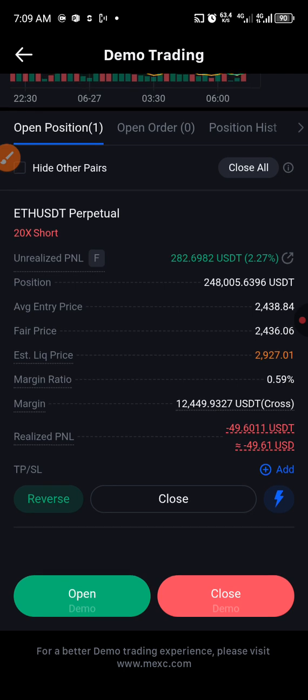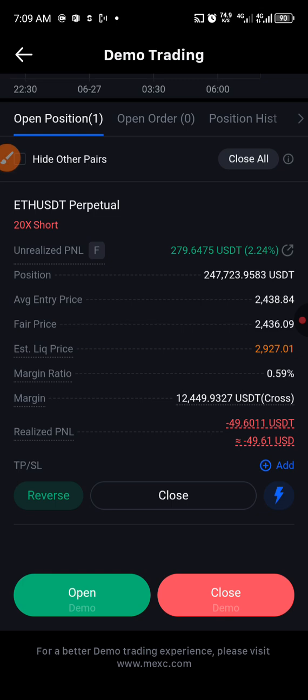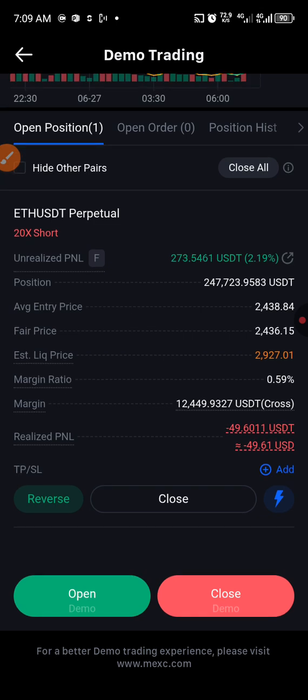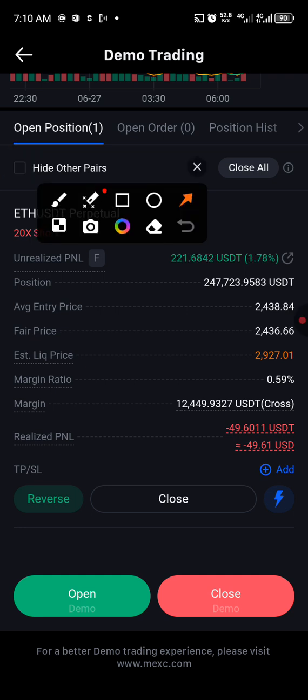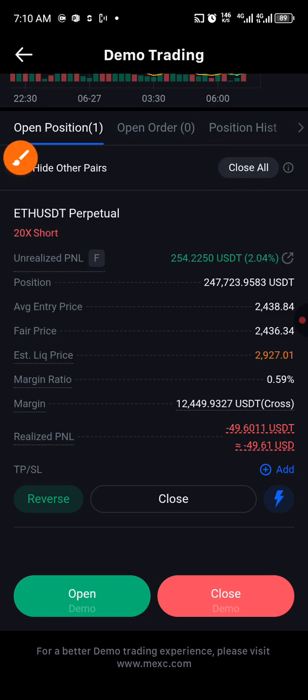I used 20x and I entered at the current market price. So currently I have 2% profit. Now, if you want to share your profit, all you need to do is click on this. This is where you can share your PNL.